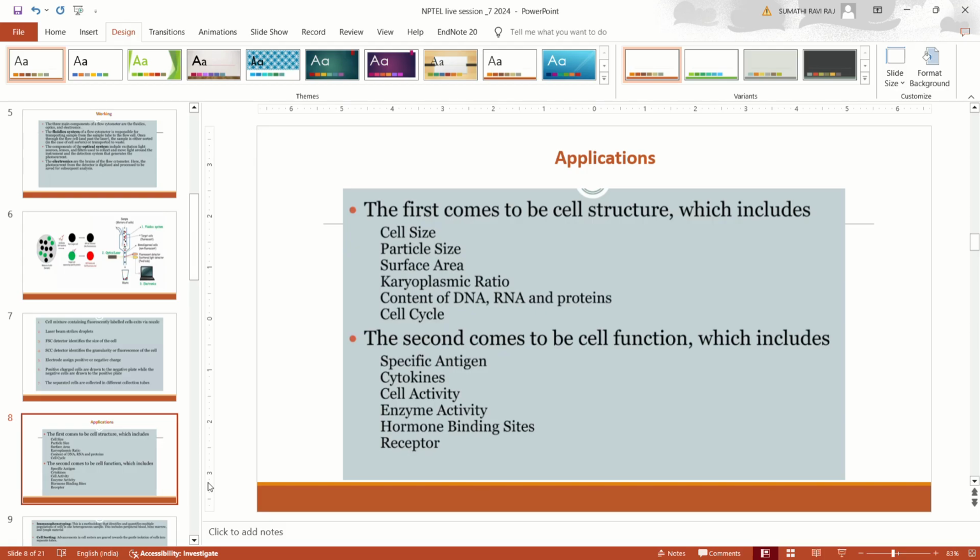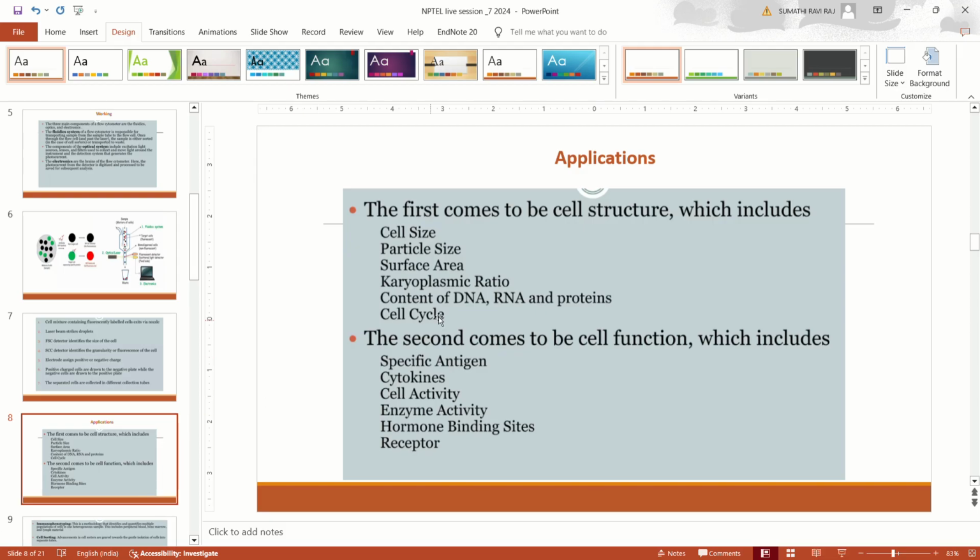Your cell cycle also can be detected, because during cell division your cells undergo different stages, so in a mixture of your population, you can detect which cell is at which stage of mitosis.